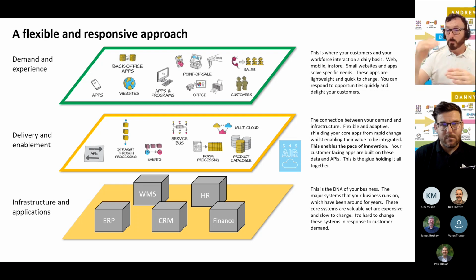But where there's the big gap is, how do all these things in the hands of the user actually interact with these lumbering, slow to change, sometimes hard to connect to legacy systems?